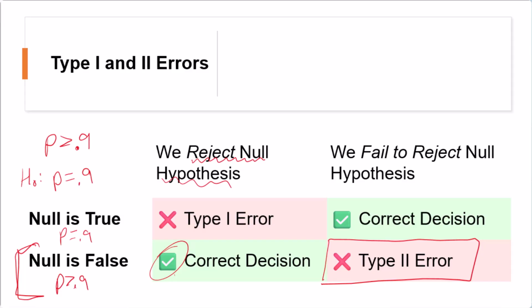So we failed to support this claim. This is an incorrect conclusion if it's true that P is greater than 0.9, and this would be called a type 2 error.